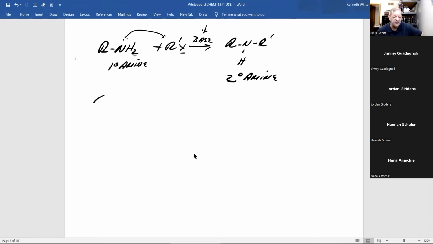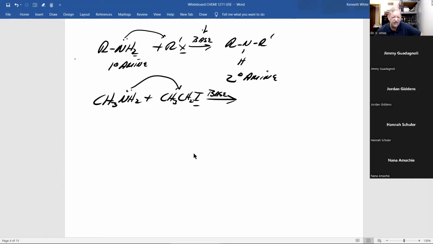So if I take this molecule plus this in the presence of base, what happens? This attacks that carbon, kicks out the halogen.